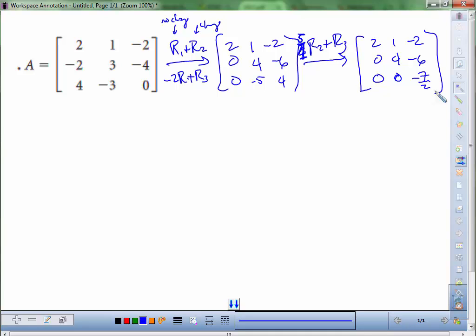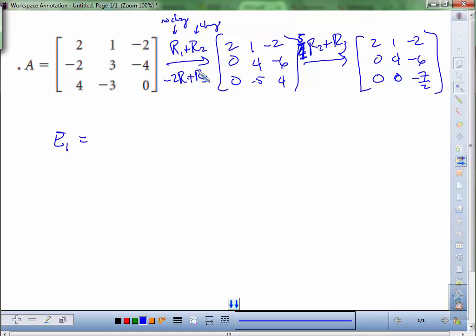All right. So how many row operations did we do to get to this point? We did 3 row operations, right? So what was the first row operation that we did? Let's call it E1. We did R1 plus R2, right?